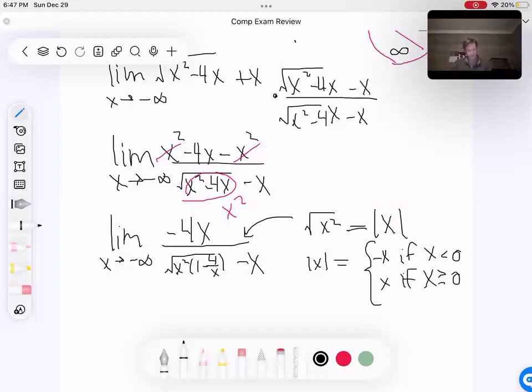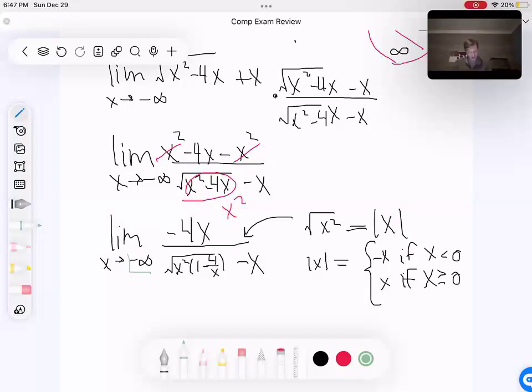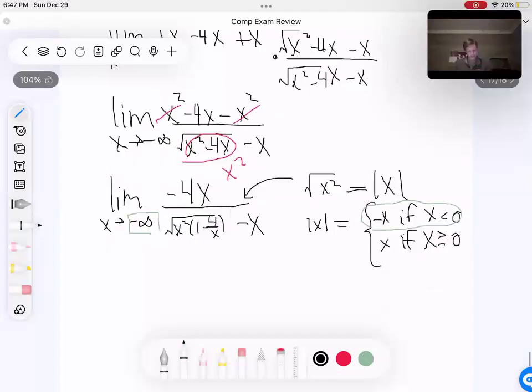So we see that the values of x are approaching negative infinity, so with this limit we really only care about the negative numbers. So what substitution are we going to use for the absolute value of x? We're going to use this one, because this is the substitution that we make when x is less than 0. And you have to be very, very careful.